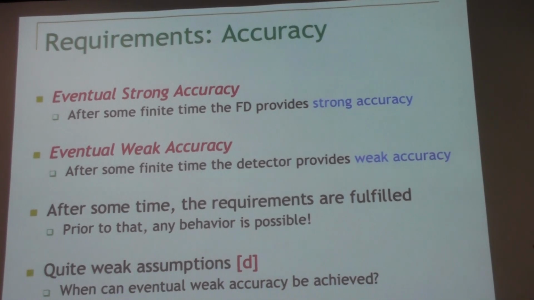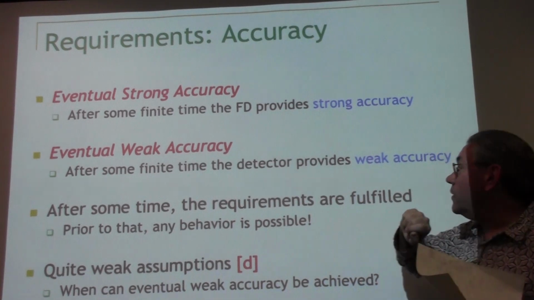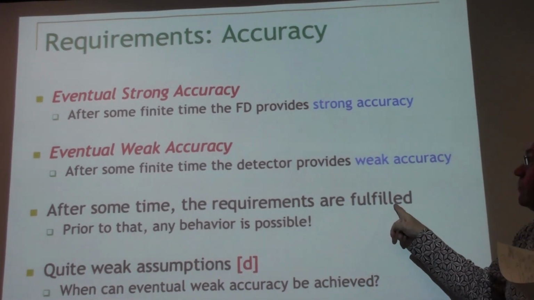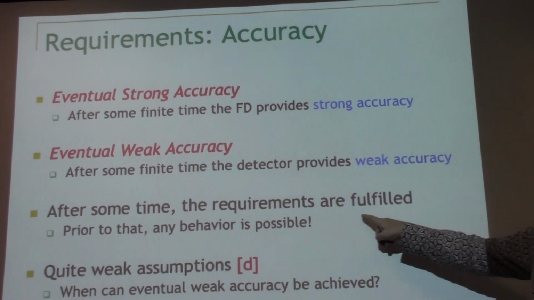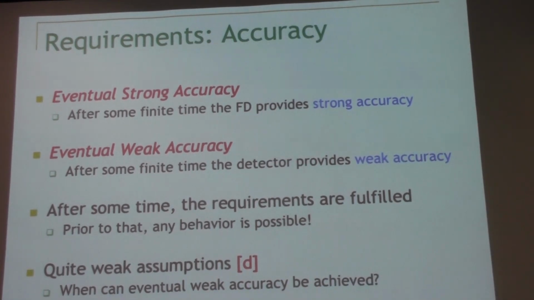It's called eventual strong accuracy. That means it's allowed to make mistakes for a while, but after some time, which we don't know, but it's finite, then it will make no more mistakes, okay? Or eventual weak accuracy. After some finite time, there's one node that everybody can see, okay? After some time, the requirements are fulfilled. Before that, the node can just do any old weird thing.